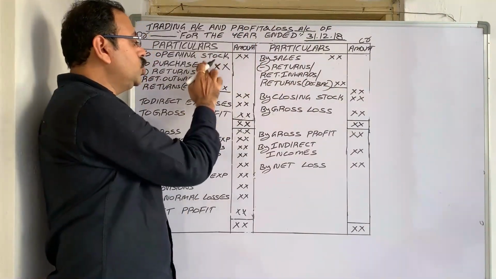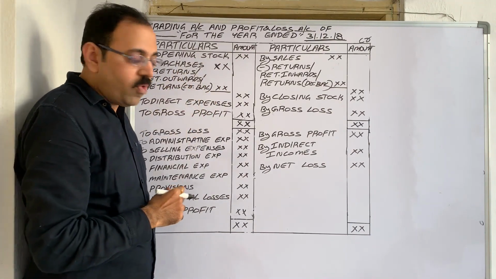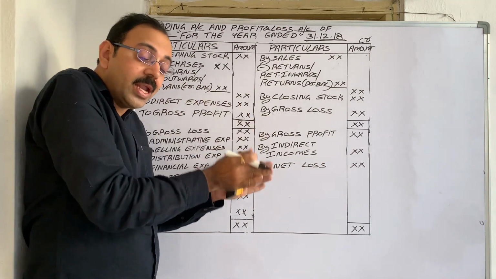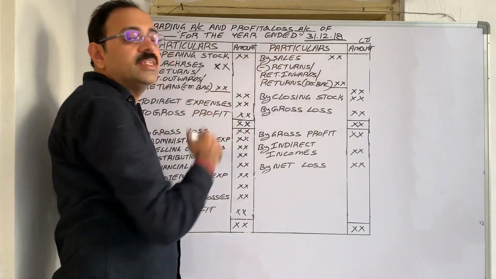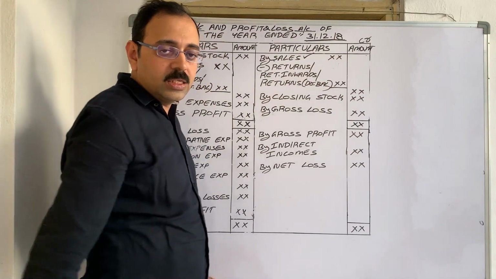After writing these two, you can write other direct expenses. What are direct expenses and which expenses come under direct expenses? I explained clearly. Then come to the credit side. On the credit side we have to write sales.